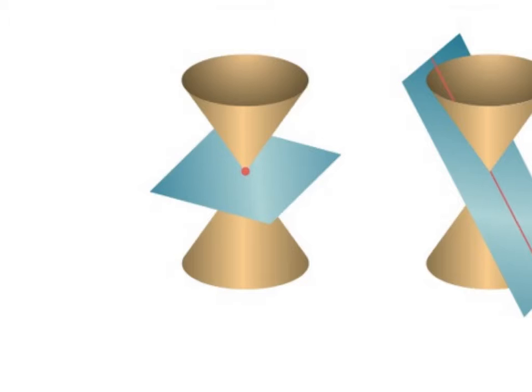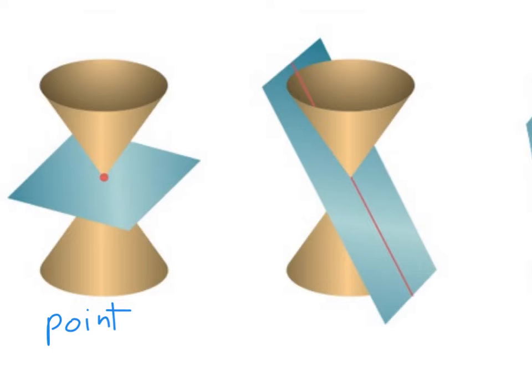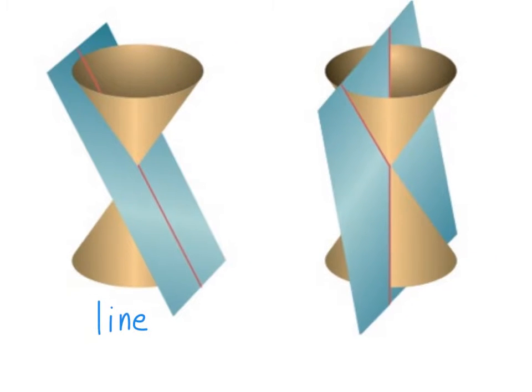Let's say it cuts directly through the middle of the cone. Is it just a point? Yes, it's just a point. And then this one, it cuts directly on the surface of the cones. Yes, it's just a line. And this one, it's cutting directly through the middle of the cone.